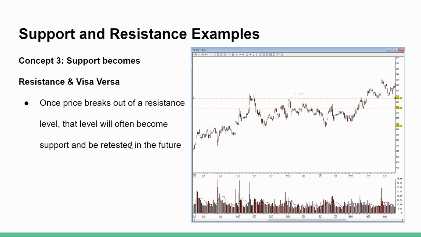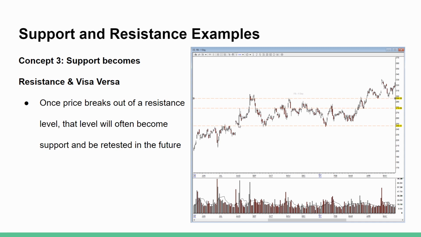All right, so the last concept that we want to talk about today for support and resistance is that support often becomes resistance, and resistance often becomes support once these levels have been broken through. So if you look at this daily chart of Facebook, I've drawn a couple of orange lines that are meant to represent support and resistance. And on this first line here at $246, you can see that price tried to break through this and ultimately did and gapped up.